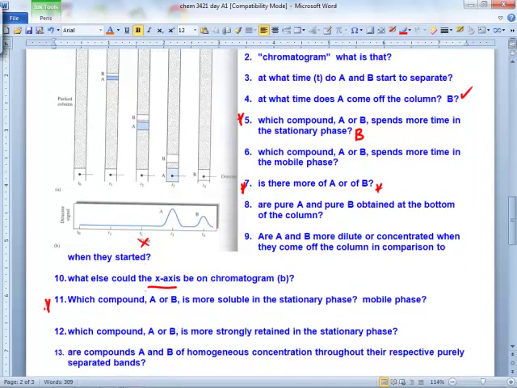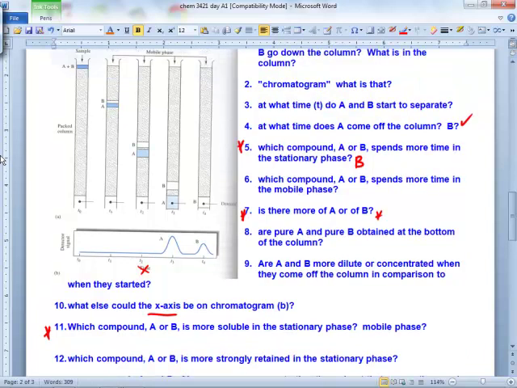Here's a good question. Which compound, A or B, is more soluble in the stationary phase? B. He's right. Why? It spends more time in the stationary phase.